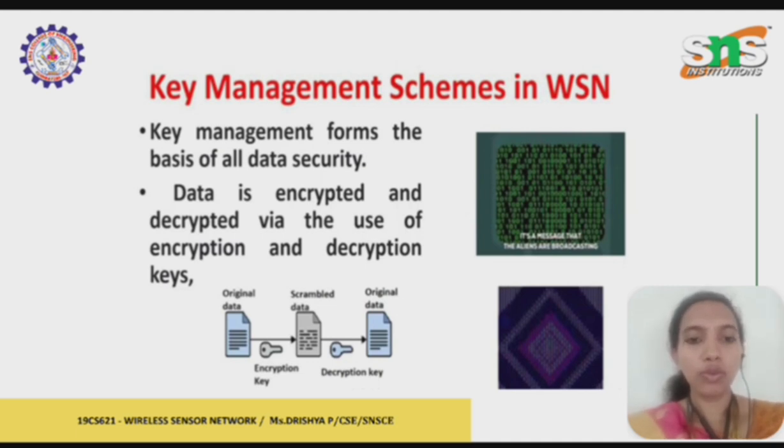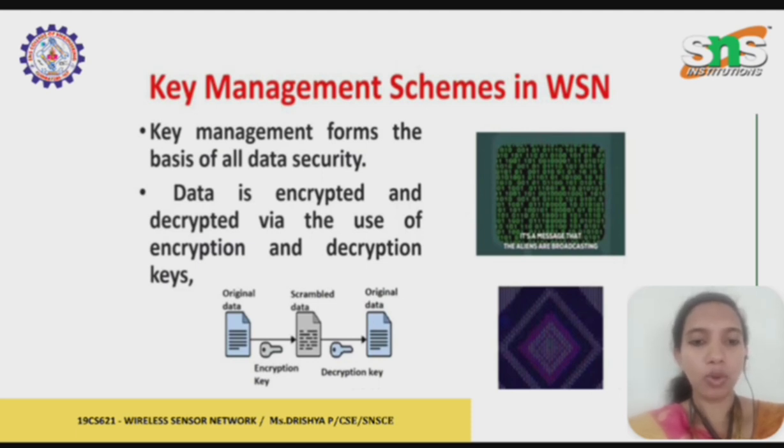Suppose the below figure shows the original data. The sender transfers the original data to a receiver. First the original data is transformed by using an encryption key. Then the original data is converted into scrambled data.